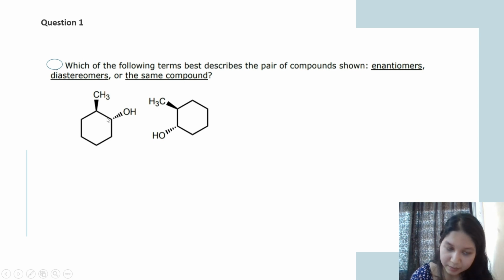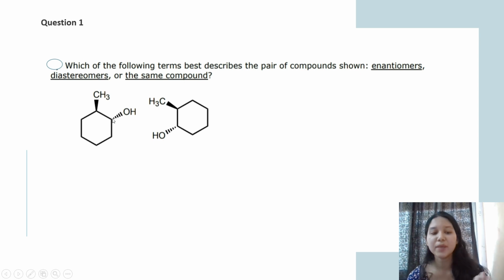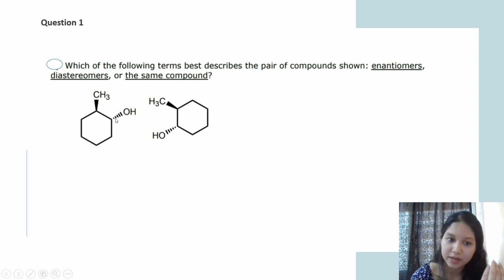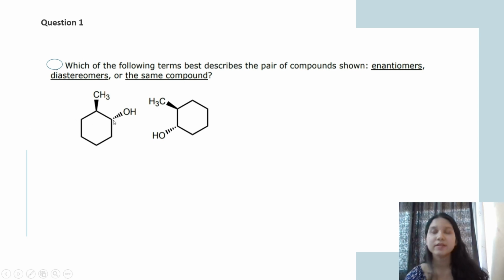This will be our second priority group, and this will be the third priority group. And the hydrogen which is coming out of the plane towards us, above the plane, will be of fourth priority. So let us recall the rules of RS nomenclature.